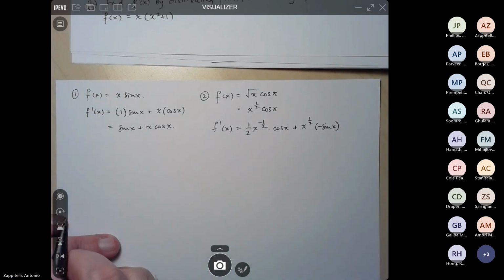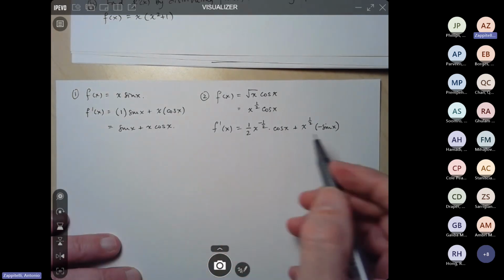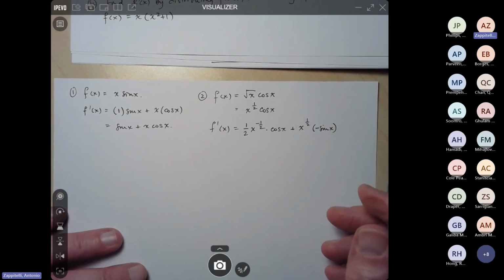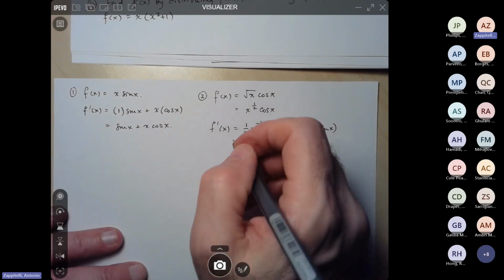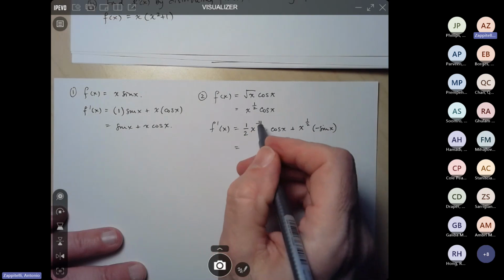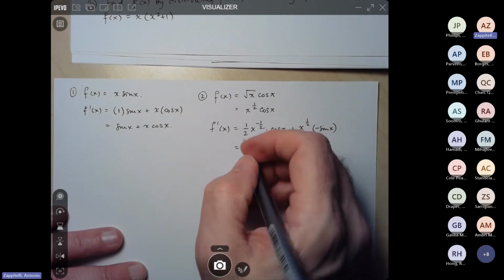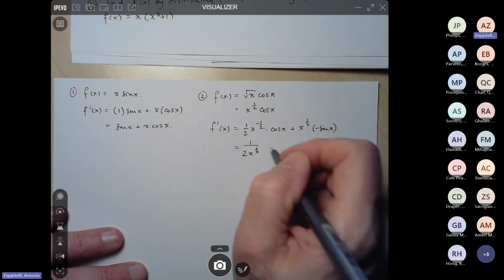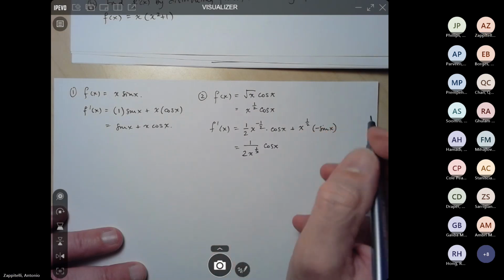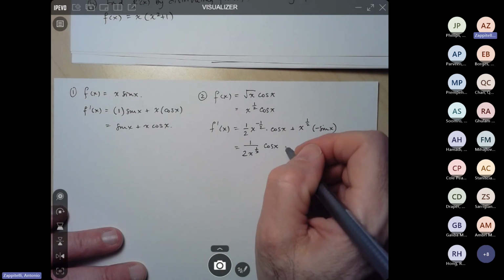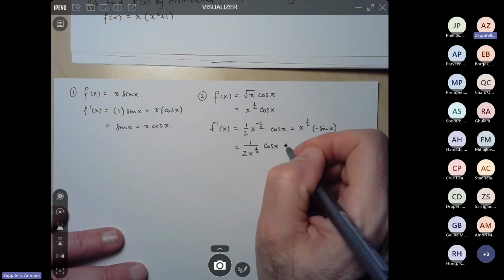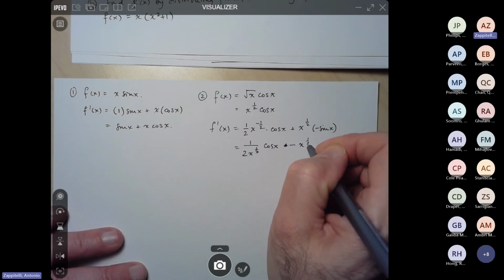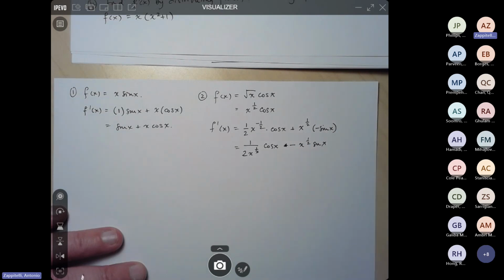Okay, and now we can leave it like this if they're telling you not to simplify it, or we can clean it up a little bit. So here, x to the negative 1/2 will go to the denominator, becoming x to the 1/2. Okay, and then here this will become minus x to the 1/2 sine x.